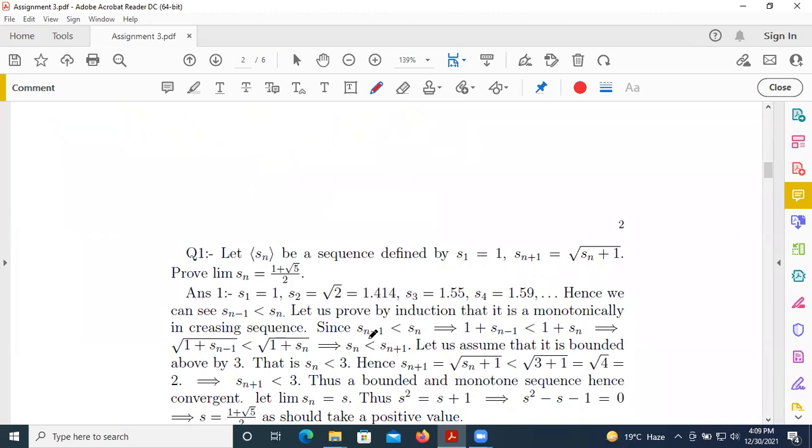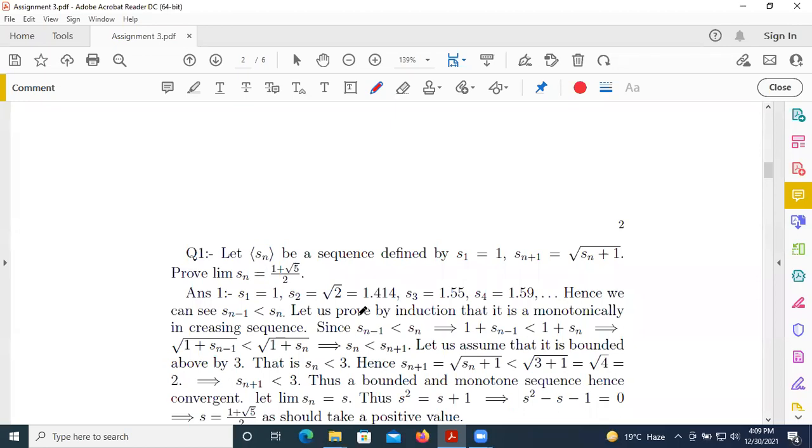Now we take Sn minus 1, and we prove this by the induction method. First we prove for n is equal to 1, then we assume this relation is true for n is equal to k, then we finally prove for n is equal to k plus 1.